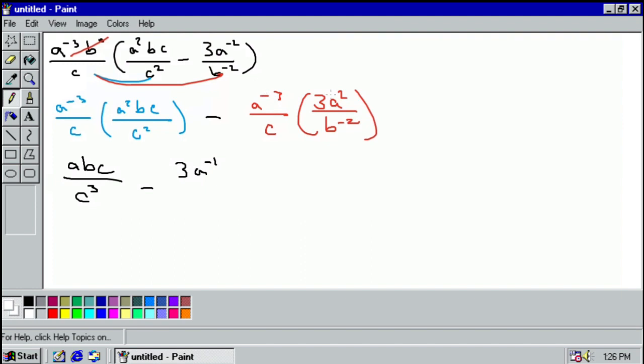Since negative 3 plus 2 is negative 1, then we don't need to change anything on the bottom part. Now we can still simplify this part. We can cancel this c and minus 1 on the numerator, and that will become 2. So this part we have a, b, c squared.